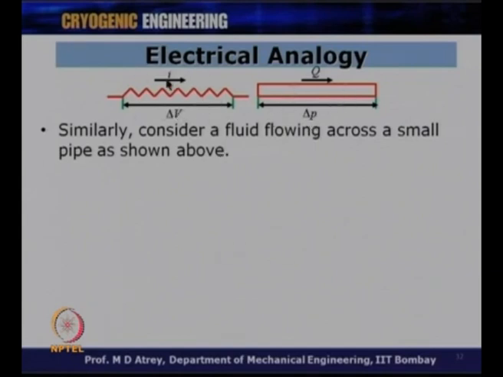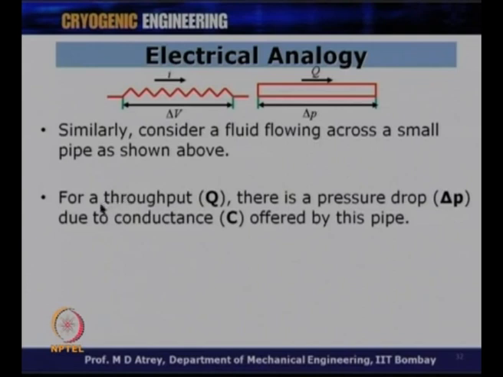I can see that I gets compared with Q and delta V can get compared with delta P, while the resistance is related to some kind of conductance. I have different parameters which will be analogous to the resistance in the electrical circuit.